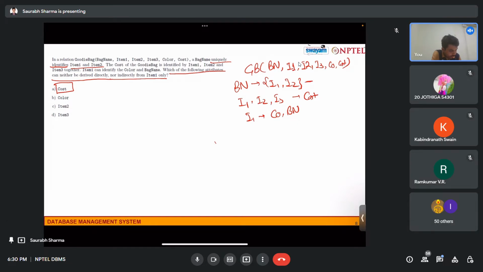In the second dependency individually it cannot derive this cost. From the third dependency there is nothing for cost. So cost is the one option that cannot be derived directly.